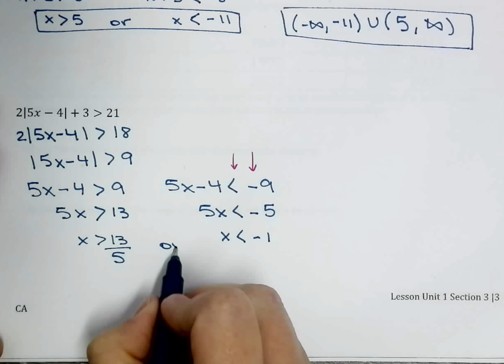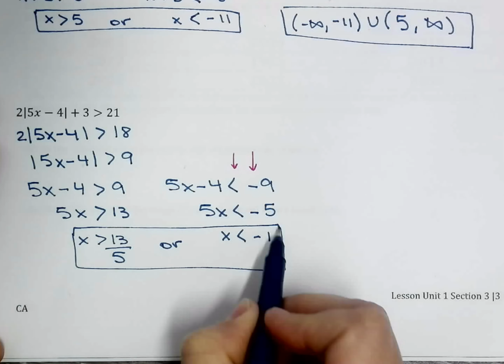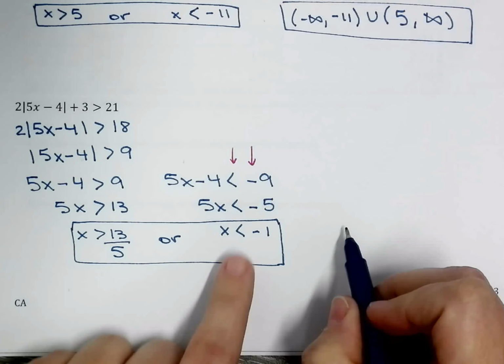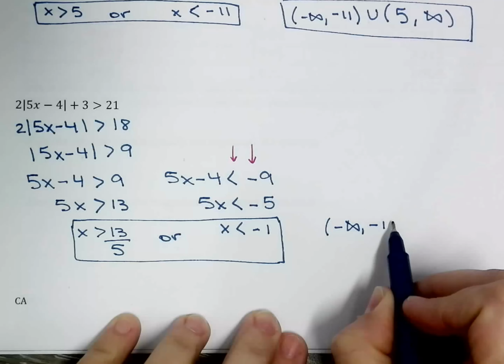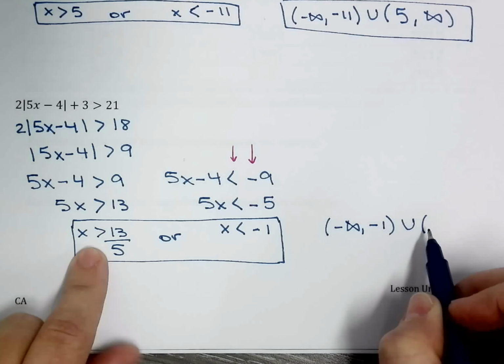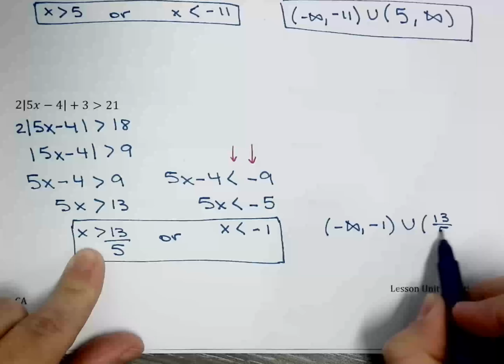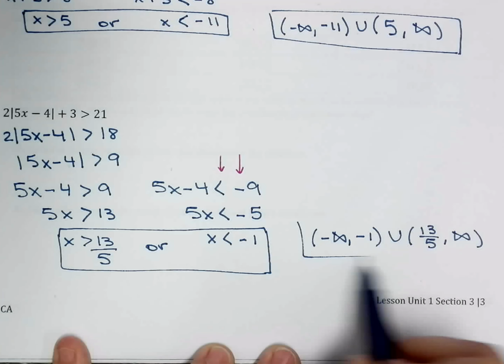So this is your inequality answer. And then your interval notation would be from -infinity to -1, and from 13 over 5 toward positive infinity, both exclusive.